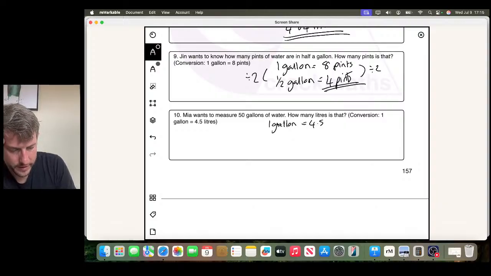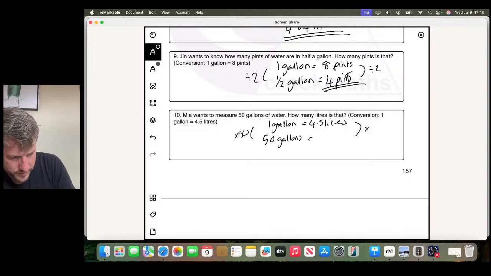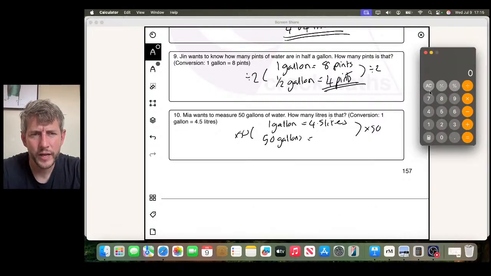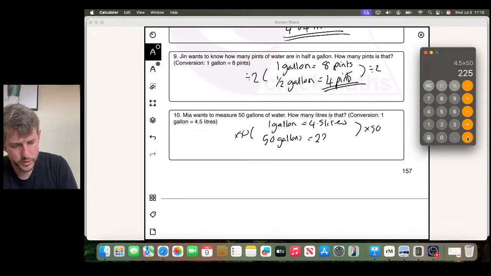So therefore we want 50 gallons below. So we're timesing this by 50. So we times this by 50 as well. Let's get the calculator out for that kind of sum. You might get asked this in the non-calculator, but then it's just using the long multiplication methods that we've looked at before. So that'll be 225 litres.